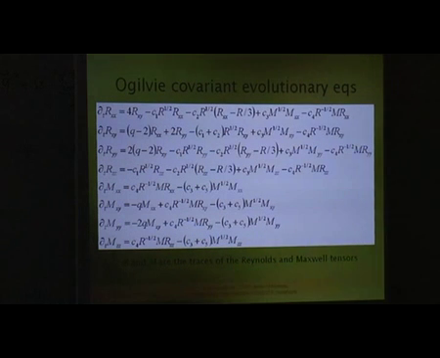And this is what these equations look like. These are covariant evolutionary equations that govern the dynamics of the stresses. So all you have to do is solve these parameters out of this.